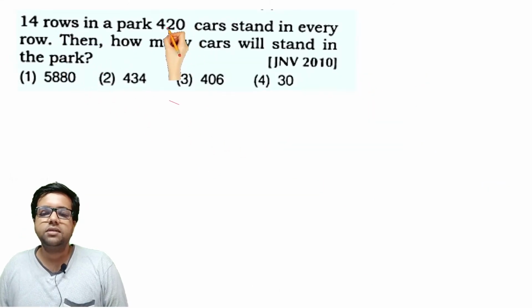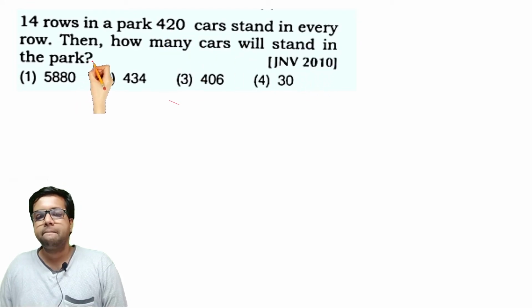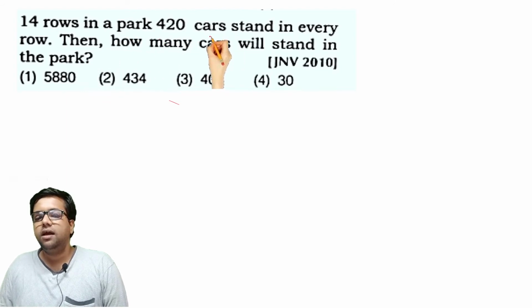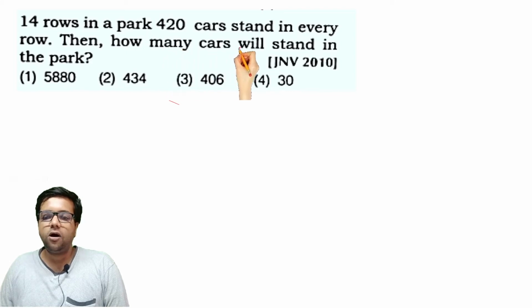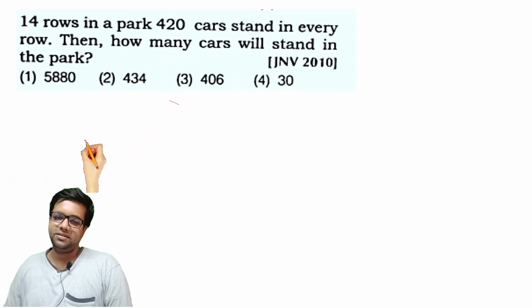14 rows in a park, 420 cars stand in every row. There are 14 rows in a park and 420 cars stand in every row. Then how many cars will stand in the park?